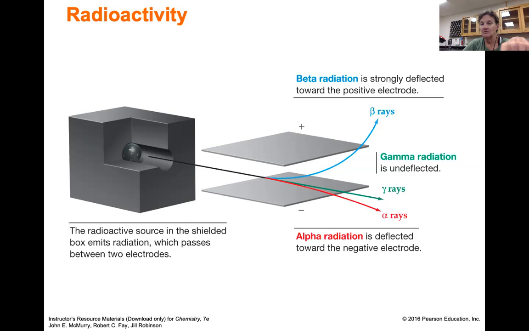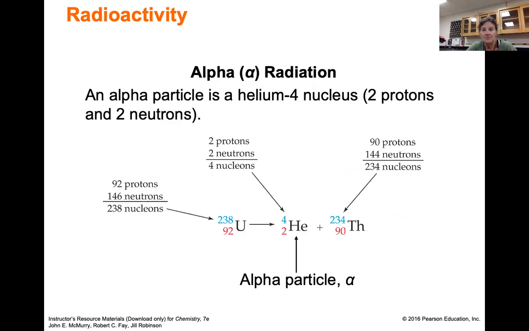Gamma radiation, which we'll see is just light, is undeflected, so the green rays come straight through. And alpha particles are helium nuclei, so they're positively charged, and those alpha rays will be deflected towards the negative plate.